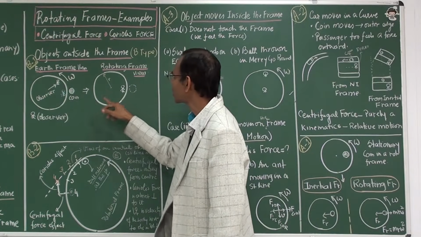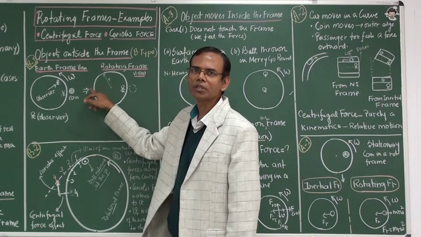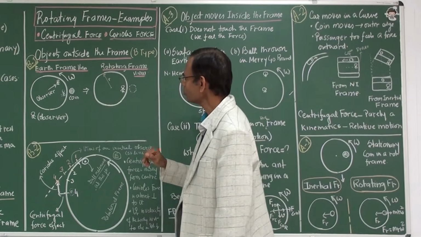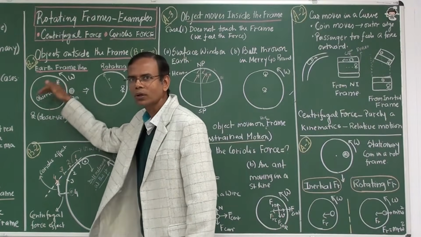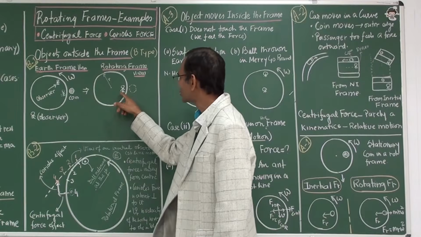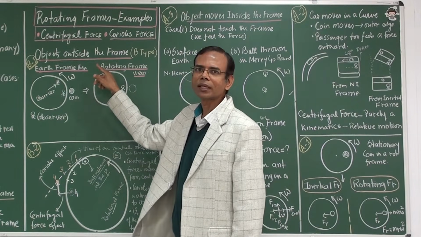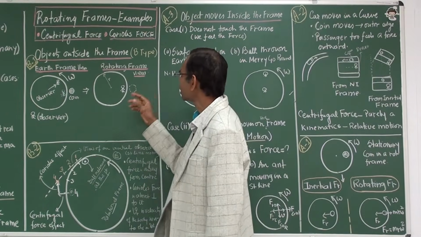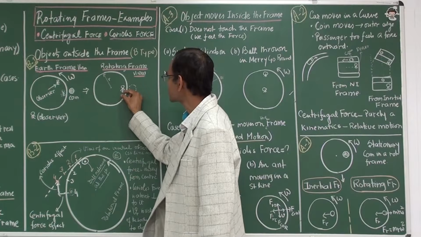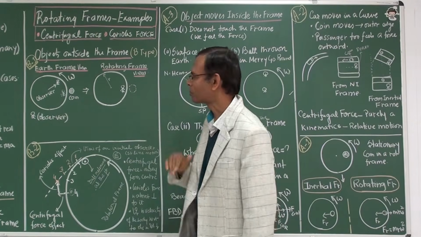And when he is here, he will see the coin on the opposite side. So if the frame is rotating anti-clockwise, the observer will see the coin rotating in the clockwise direction around this particular frame. Or you can imagine that this coin is kept just above this, that also one can think, but this is more a practical example.